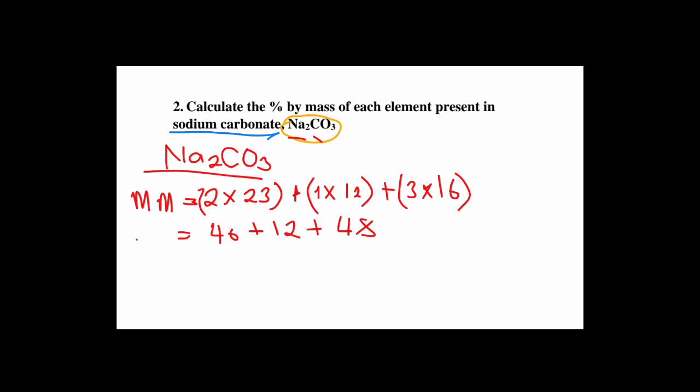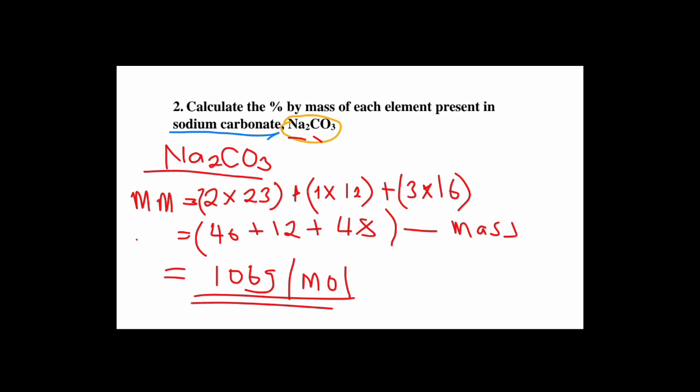Don't forget that what we have gotten here, guys, indicates the masses of each element or each atom in the compound. And then when we find the total, we arrive at the answer 106 grams per mole.